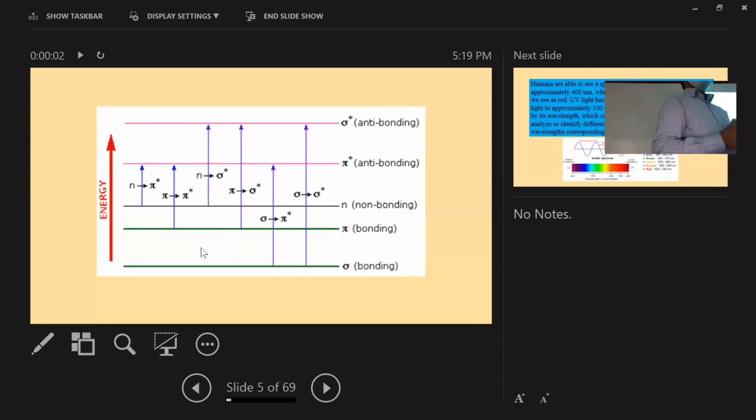Maybe in the last class we mentioned why you can see different colors of a substance. Can you remember? I mentioned that something looks red, something black, or some different color.